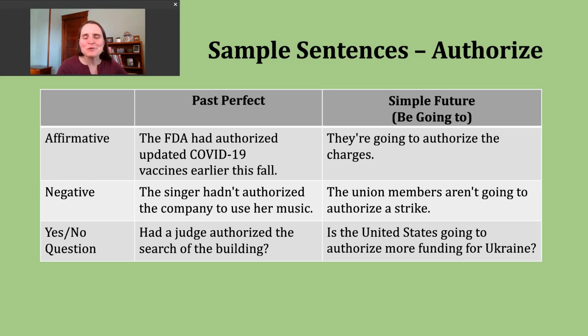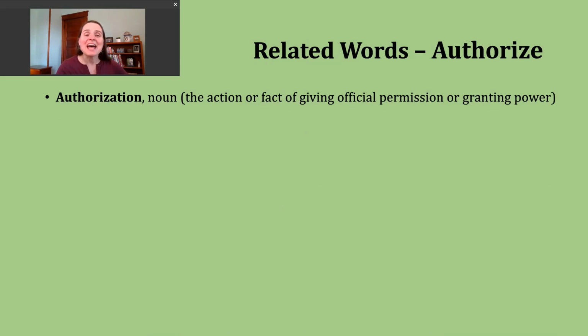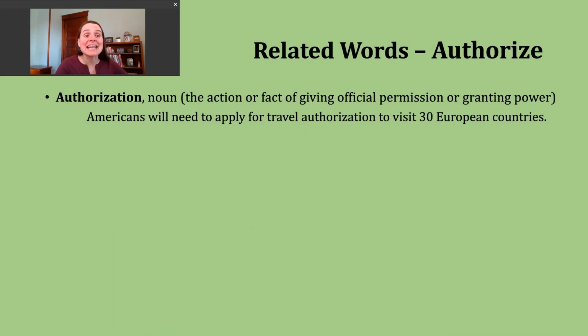But now let's move on and continue talking about some words that are related to our verb authorize. And the first word we'll discuss today is the noun authorization. This can be the action of giving permission or the fact that permission or some power has been granted or given.